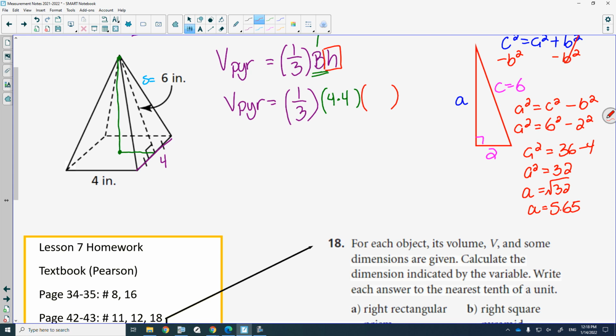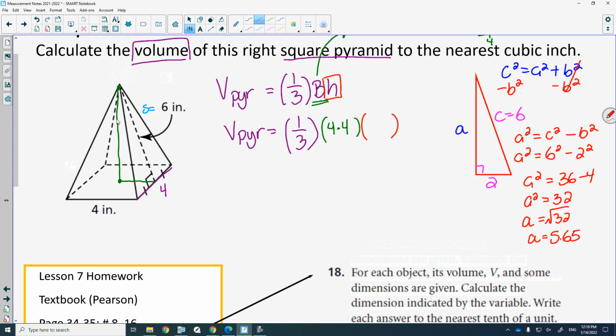Now, A on my diagram would be representative of which variable? What did I just figure out? This was A, which is the height of your triangle. So the height of this pyramid, because we're doing volume, is 5.65.